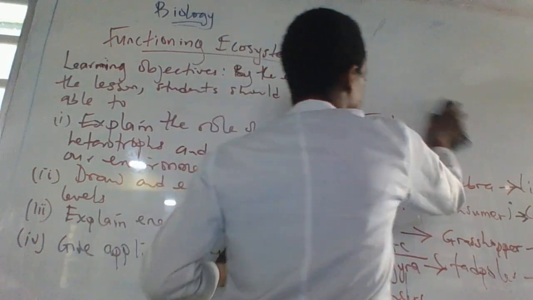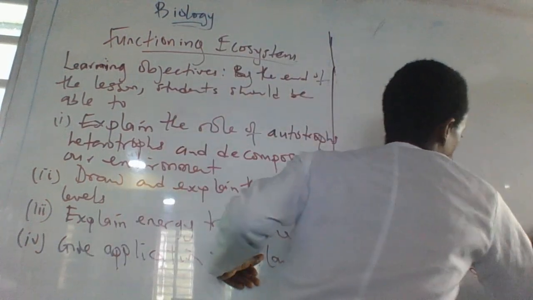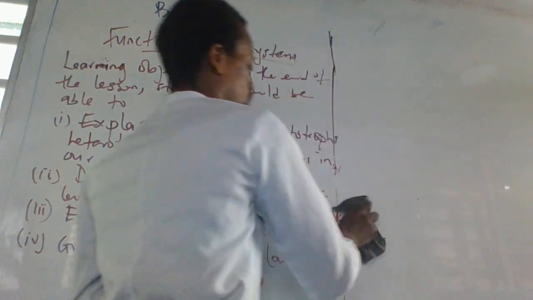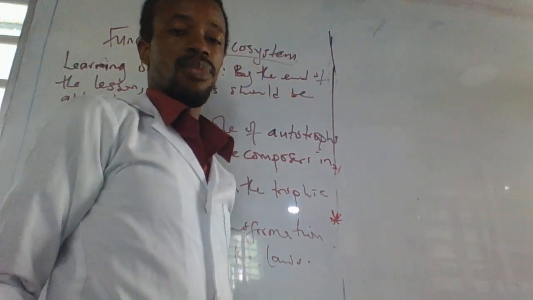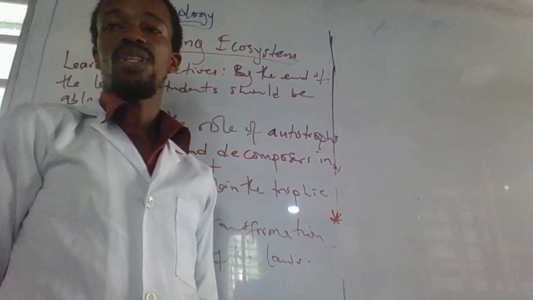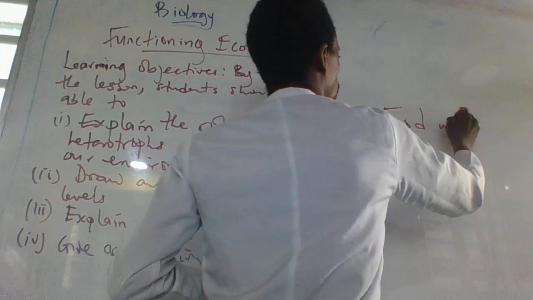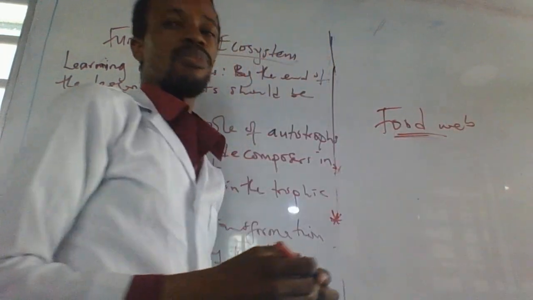So now, leaving that, we go to food web. Food web is a detailed diagram of feeding relationships. I'll try and define that before I go on. What is food web?